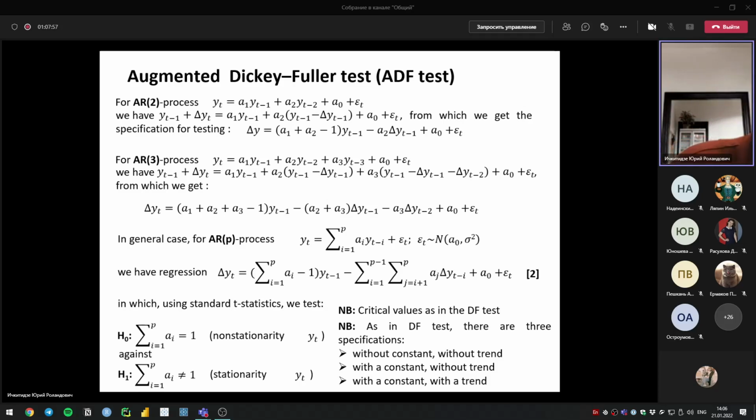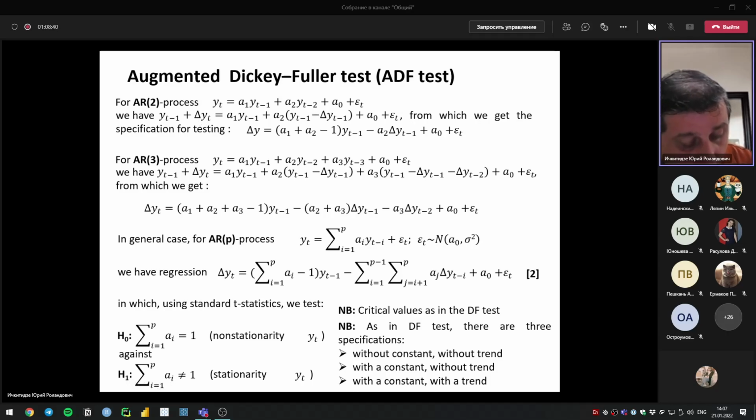An extension of the Dickey-Fuller test is the ADF test, augmented Dickey-Fuller test. It considers as a null hypothesis not only the IR1 process, but also the IR2 process, IR3 process, and in general the IRP process. That is, we have a null hypothesis that process Y follows a second order autoregressive model. We represent yt through yt minus 1 and delta y.